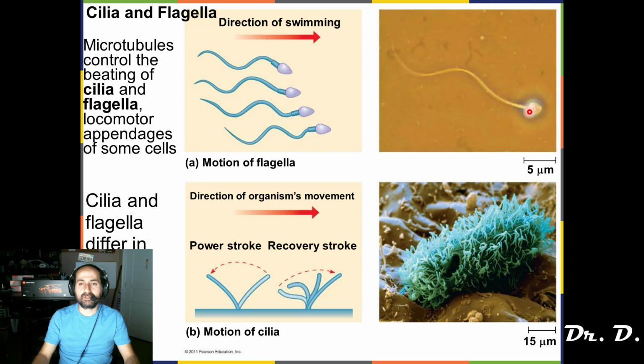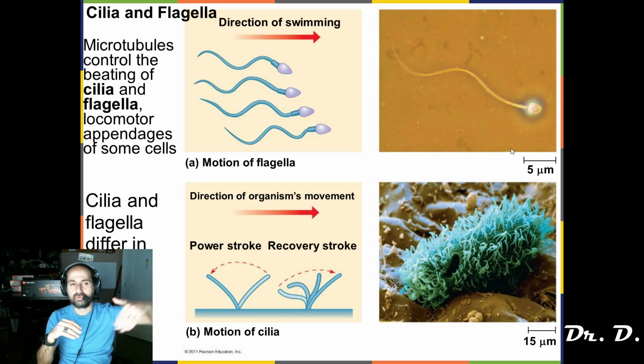You've got the head part of the sperm, which contains the genetic material, but then you've got this long whip-like structure. That's called the flagella. And if you have any idea about how sperm move, they have this flagella that beats like a fish tail. It beats back and forth, back and forth, back and forth, and that propels the sperm cell forward.